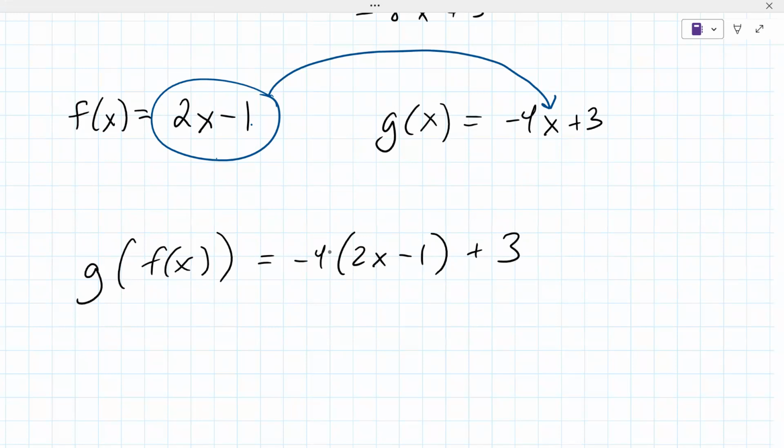So negative 8x, plus 7. So it would be negative 8x plus 7. Thanks. Very good. Okay, great.